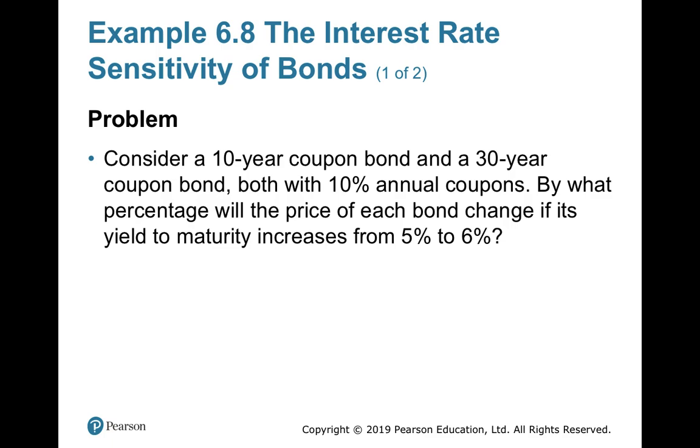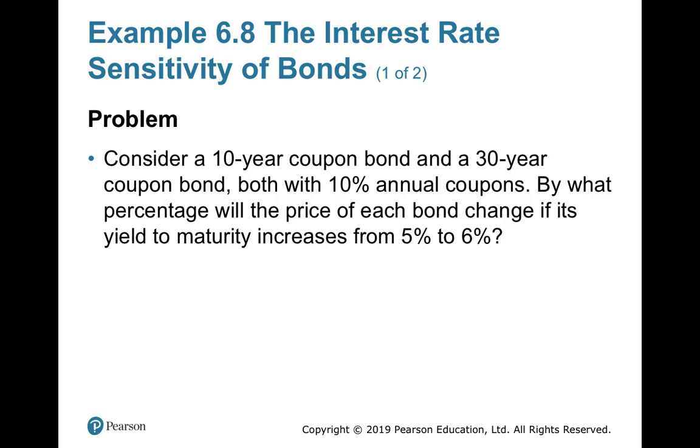The annual coupon is 10%, fixed for both. By what percentage will the price of each bond change if its yield to maturity increases from 5% to 6%?